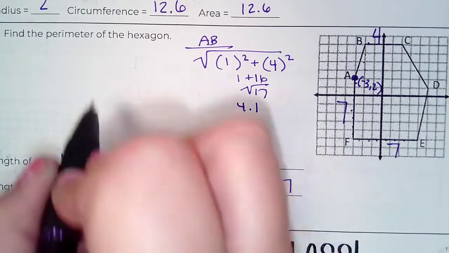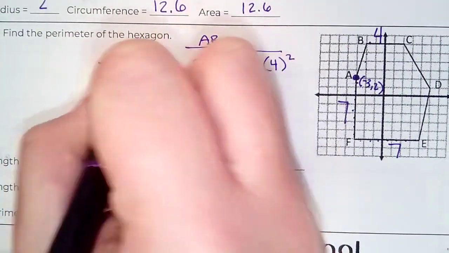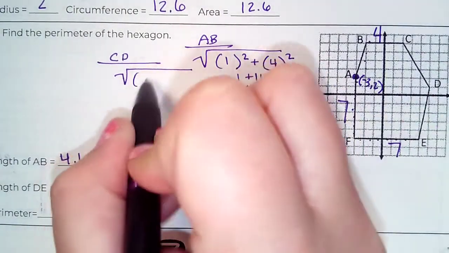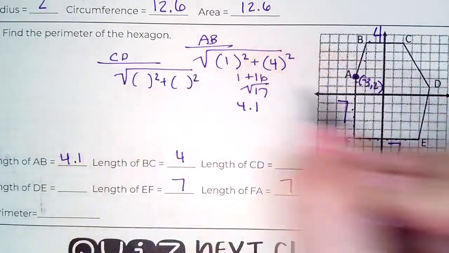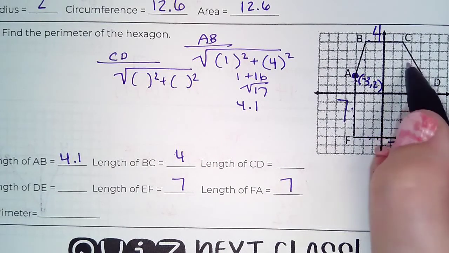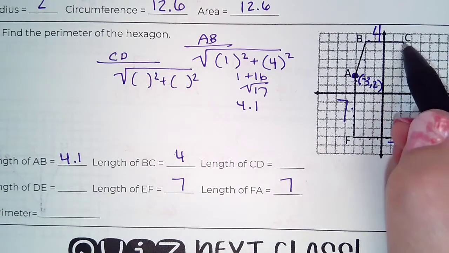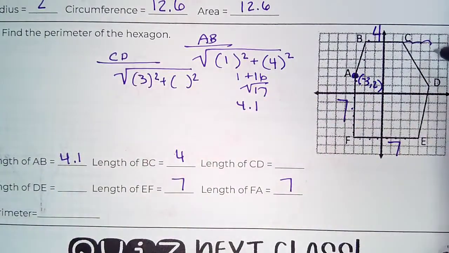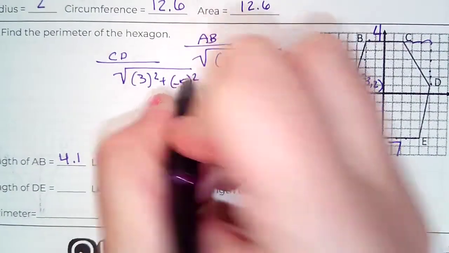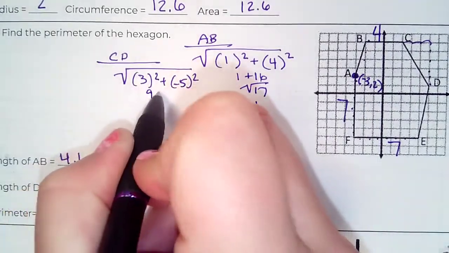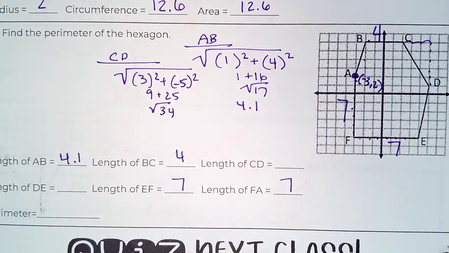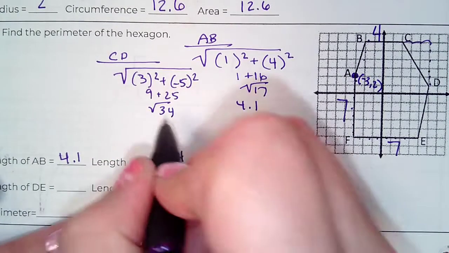So let's find CD. So we're going to the right 1, 2, 3, and down 1, 2, 3, 4, 5. So 9 plus 25, square root of 34, 5.8.